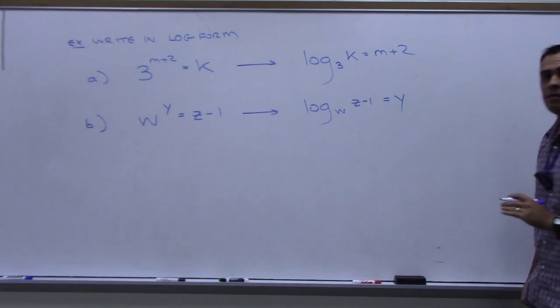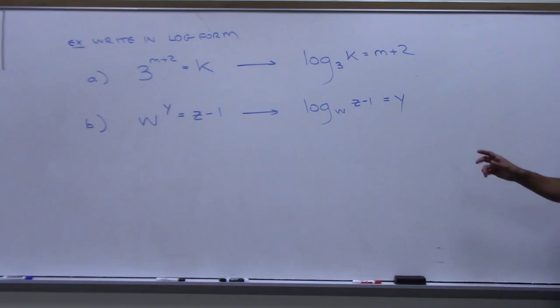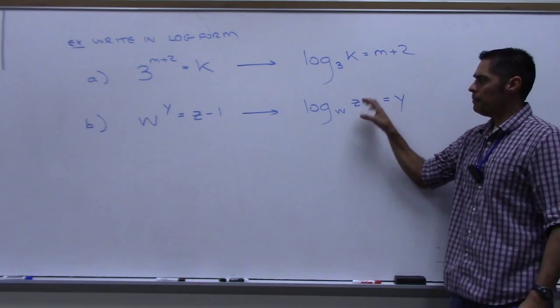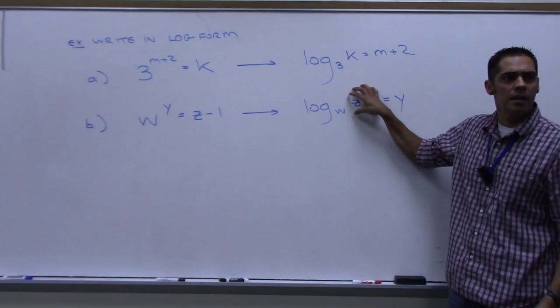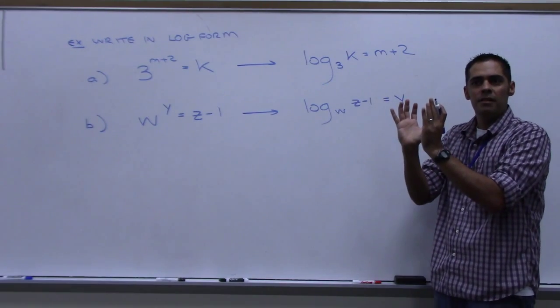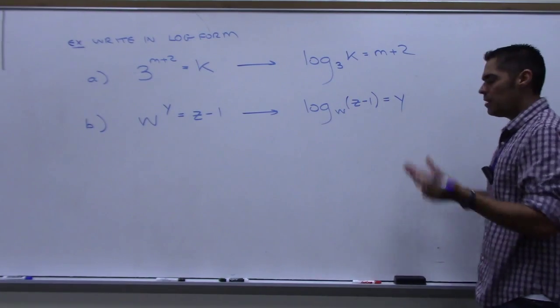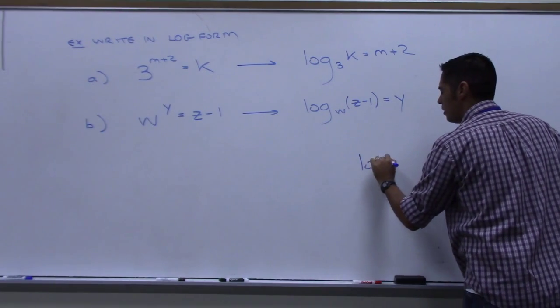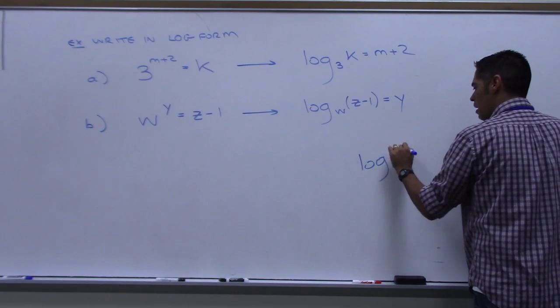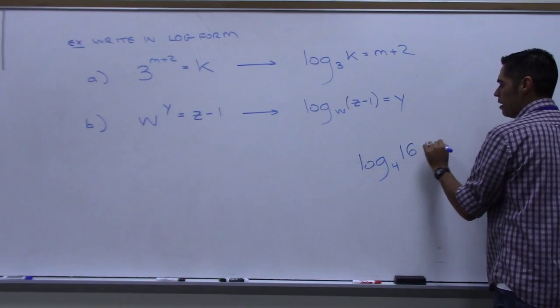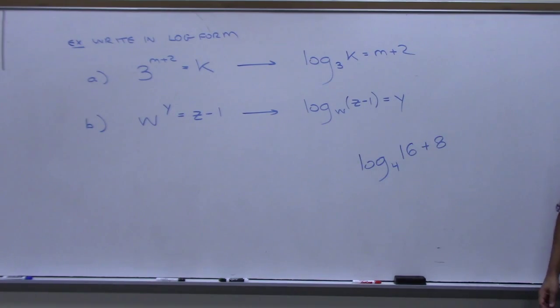Now we have to be kind of careful here because isn't the z minus 1 kind of like an entire quantity, so I need to put it in parentheses, all right? It's like if I write this, log base 4 of 16 plus 8. What do I mean here?